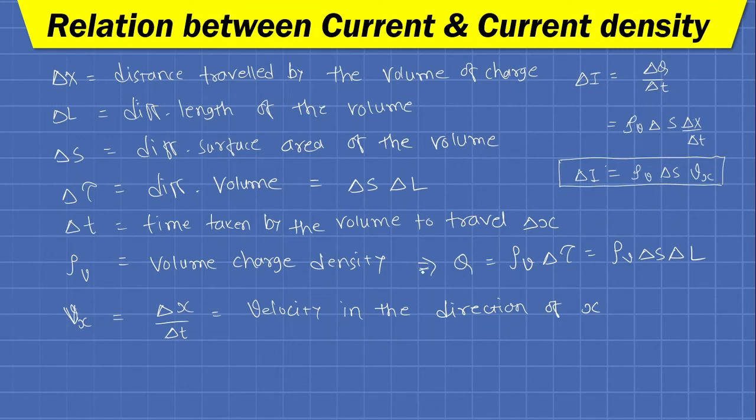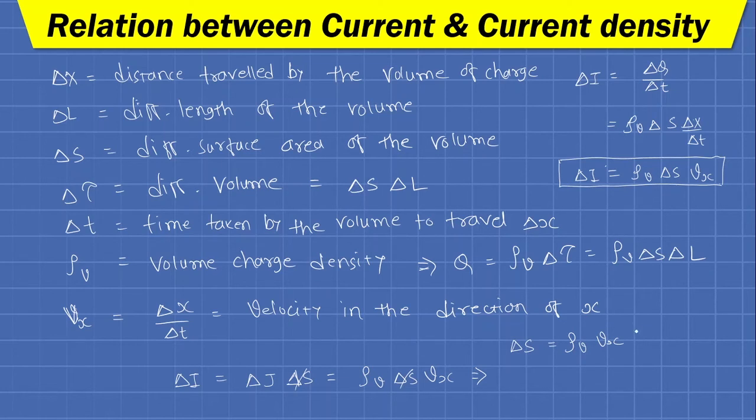And if we want the density, then in place of delta I we can write delta J into delta S, which equals rho V into delta S Vx. So delta S will get cancelled out, and finally you will have delta J equals rho V into Vx.